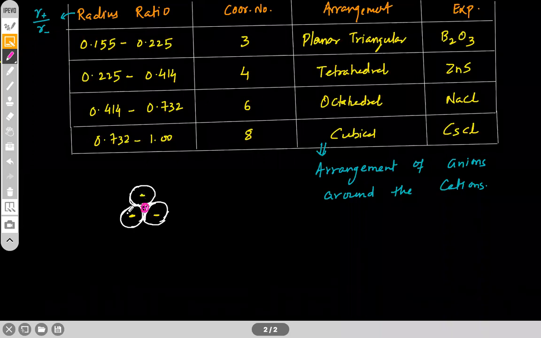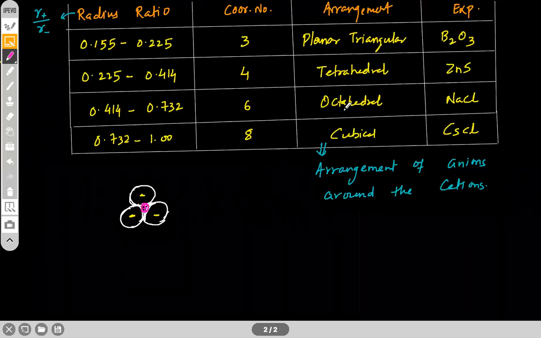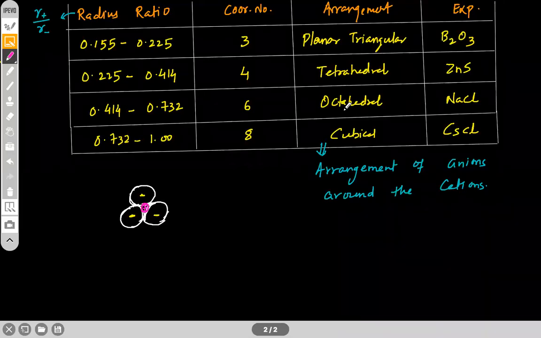There the cation is present, and that arrangement is octahedral. So simply if you keep on increasing this radius ratio, the arrangement of the atoms around the cations changes. That is called the different geometry we are getting: triangular, tetrahedral, octahedral, and so on.